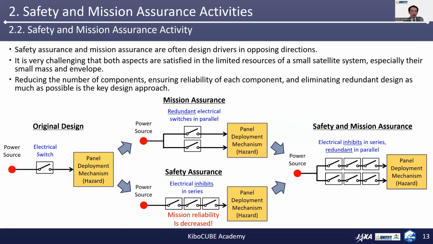Now you can compare the leftmost figure and rightmost figure. The original design included only 1 electrical switch, but after the safety and mission assurance activities, you now have 6 electrical switches, which means you are adding mass and reducing the spatial resources in your satellite.